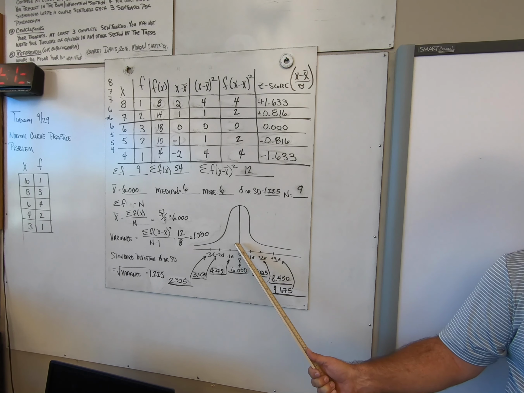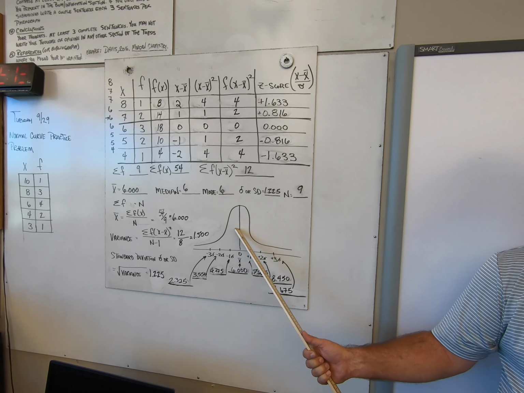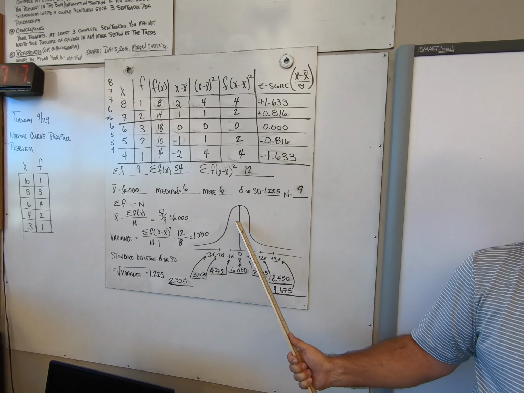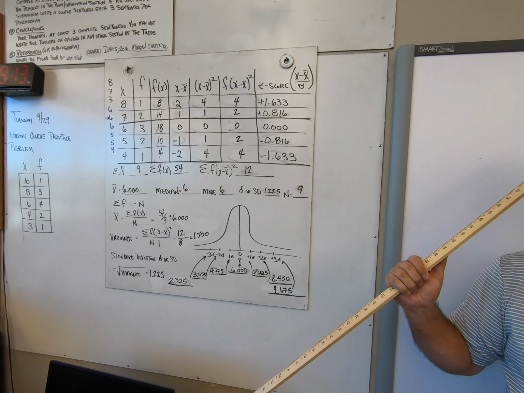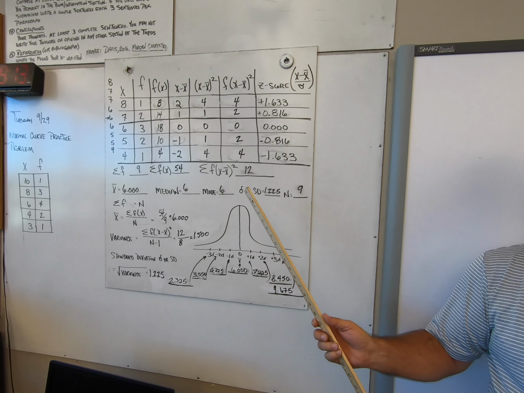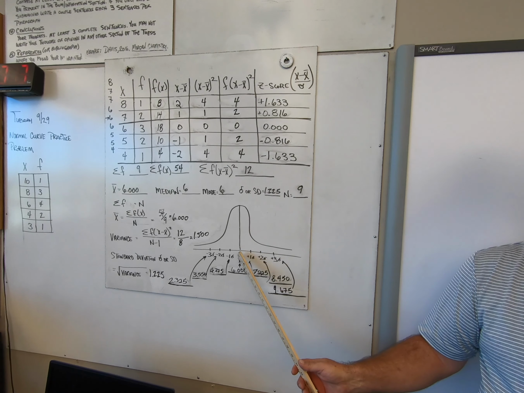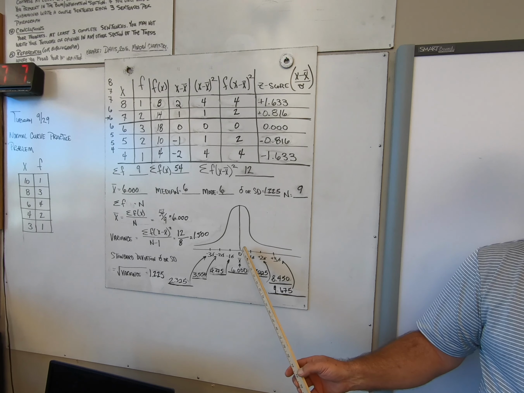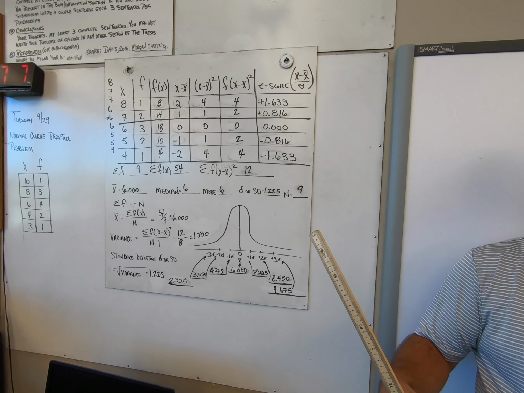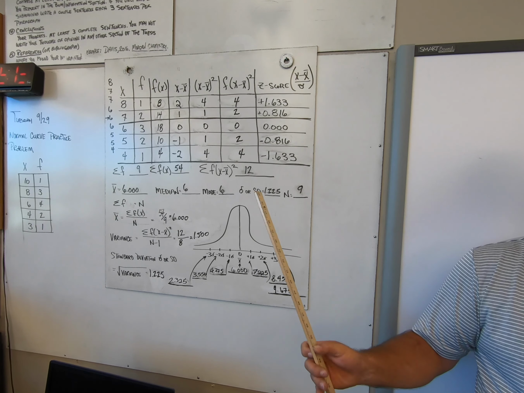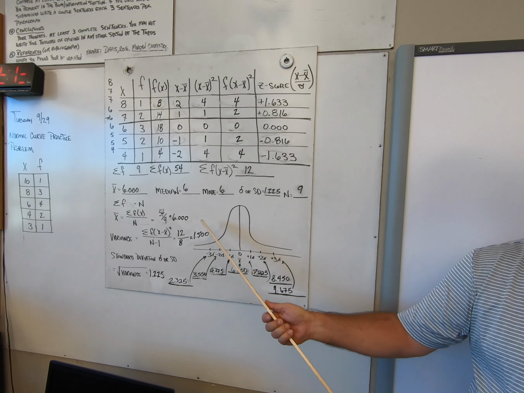This is like a teeter-totter right in the middle. There's just as much on that side of this line as there is on this side of the line. The z-score for this would be 0. It would be 50. 50% or half of that curve is below.